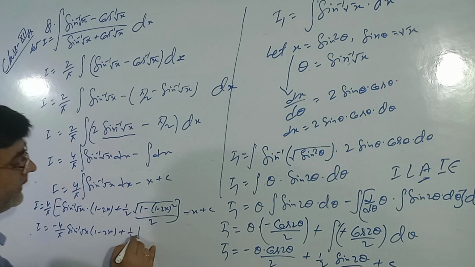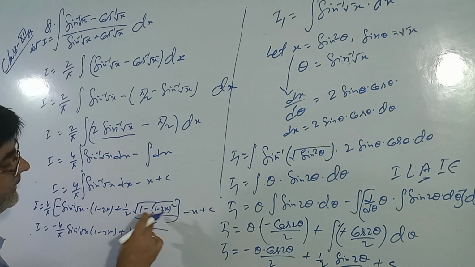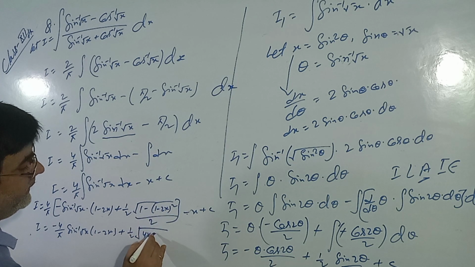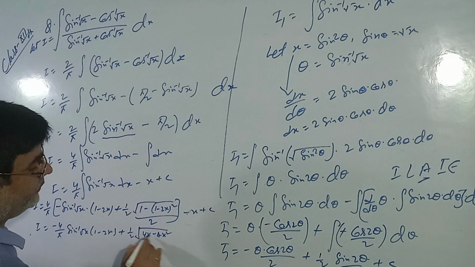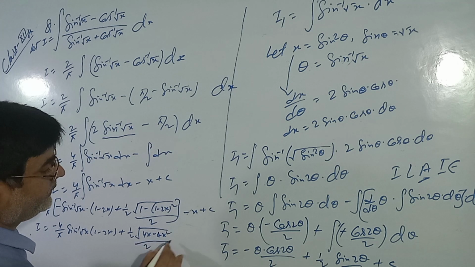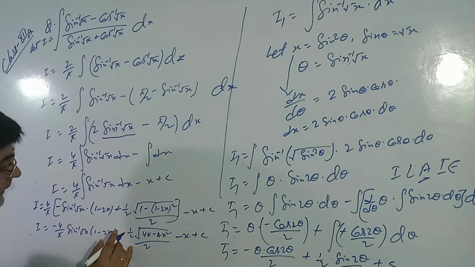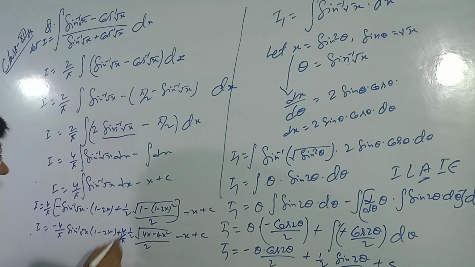1 minus 2x whole square is 4x minus 4x square by 2, minus x plus c, all into 4 by pi. Solving, this is the final answer.